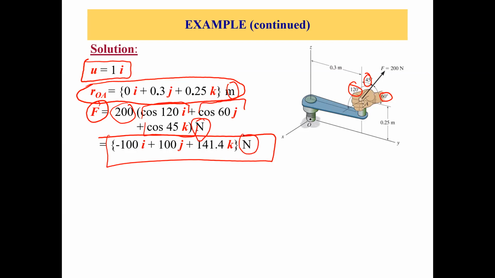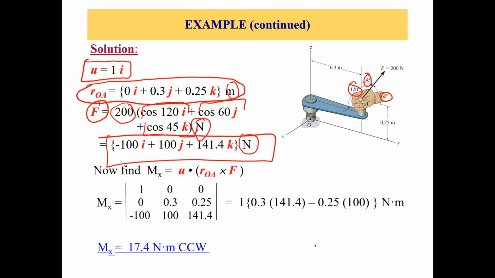Now we have F, we have r, we have u. So now we can use the triple scalar product. First row is the unit vector, so 1, 0, 0. Second row is the position vector, so we have 0, 0.3, and 0.25.